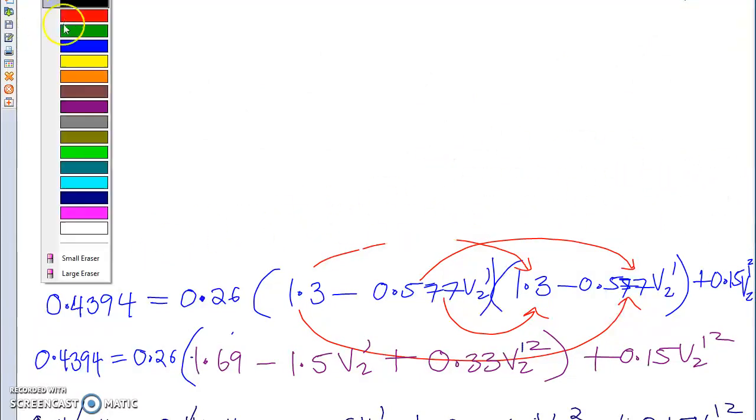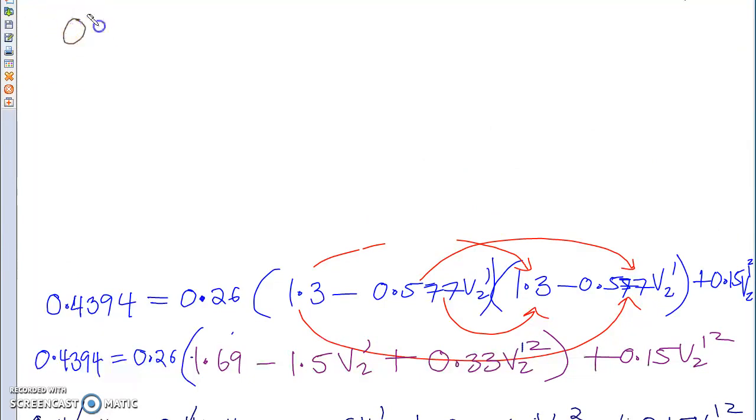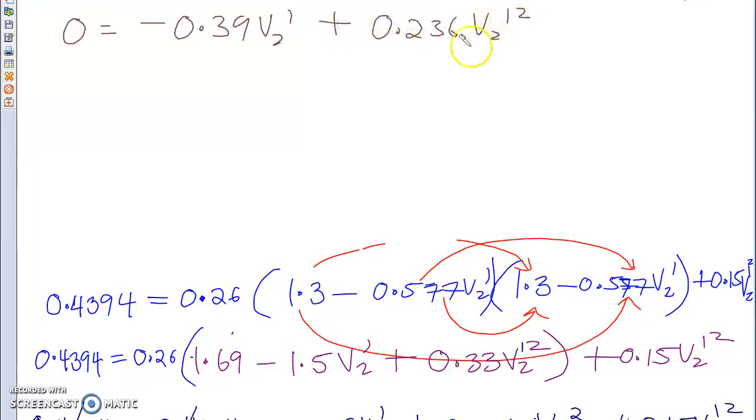Okay, so we are at 0, which equals negative 0.39 V2 prime plus 0.236 V2 prime squared. Now what do we do?